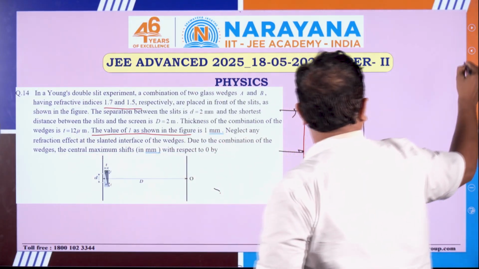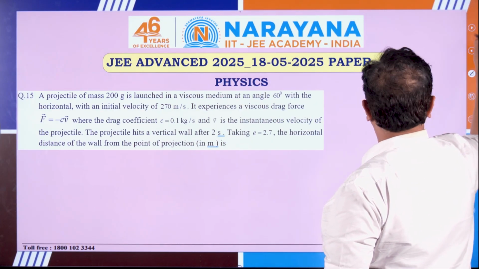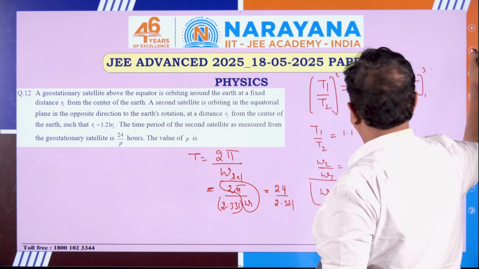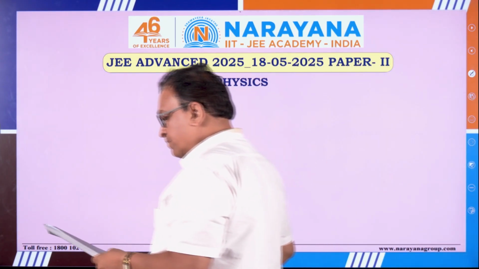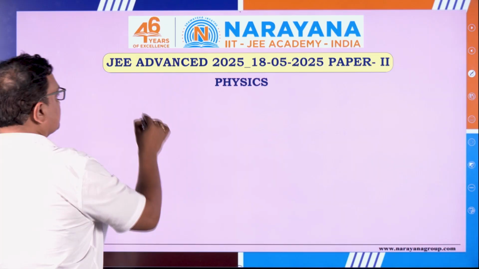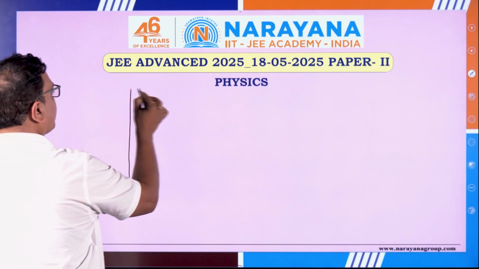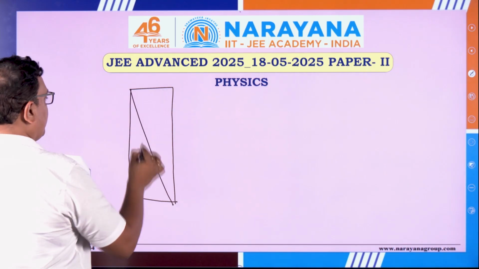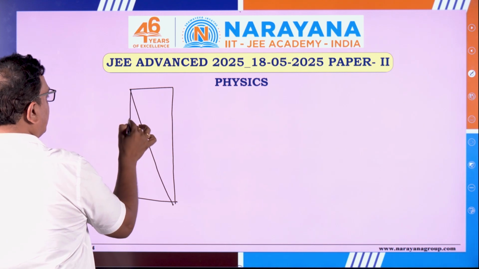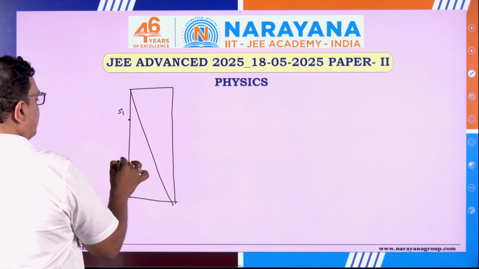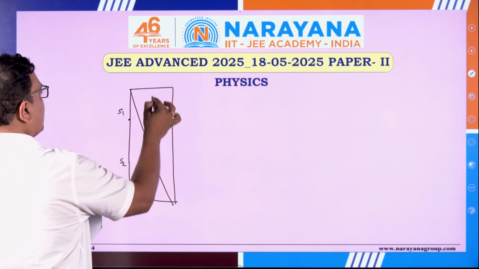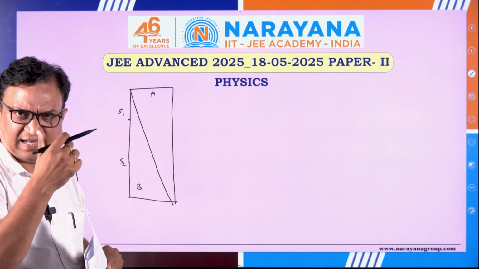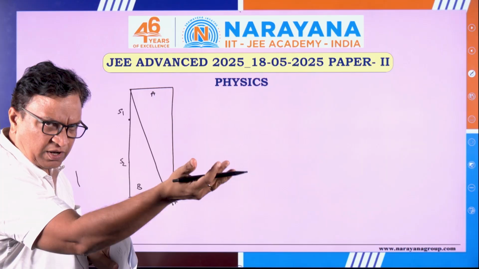I'll use some other space here. Yeah, I'll use this place. In that particular question, when I am choosing two portions like this, you take this as S1, you take this as S2, material B, material A. Remember, I just mentioned the thickness is 3 mm followed by 9 mm.